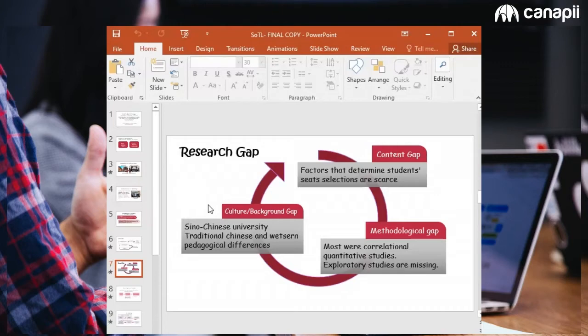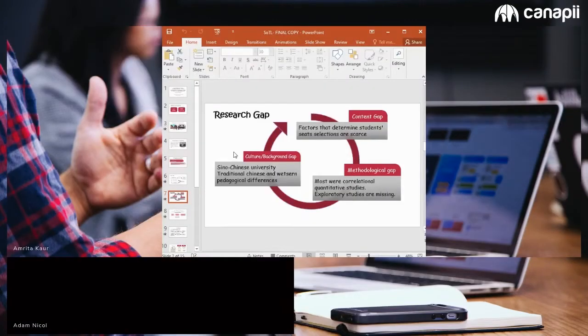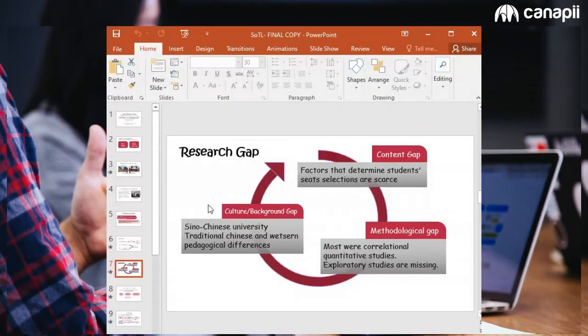But we thought that it's the students who participate in the seating selection, and we would like to know how they think and how they make the decision. So we designed open-ended questions and conducted face-to-face interviews with the students in WKU.